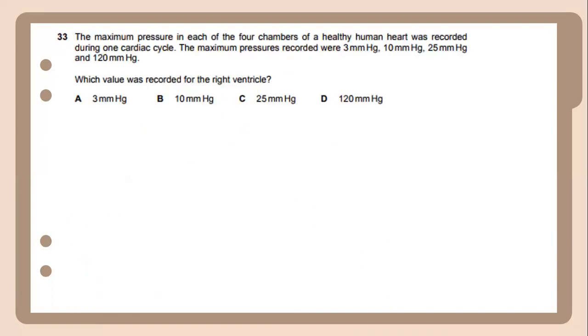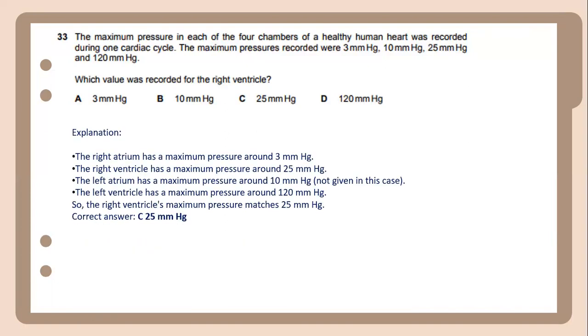The maximum pressure in each of the 4 chambers of a healthy human heart was recorded during 1 cardiac cycle. The maximum pressures recorded were 3 mmHg, 10 mmHg, 25 mmHg, and finally 120 mmHg. Which value was recorded for the right ventricle?